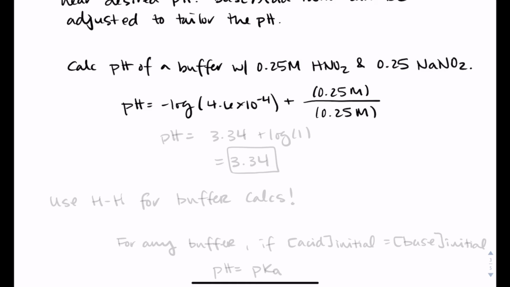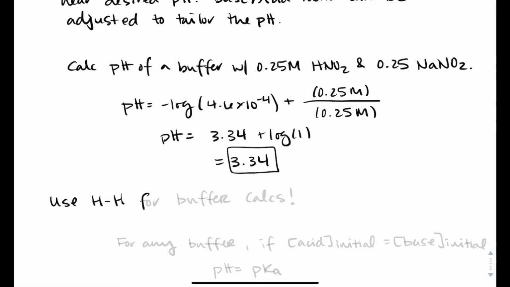All right, so let's use Henderson-Hasselbalch to do this calculation of our nitrous acid nitrite buffer. So calculate the pH of a buffer with 0.25 molar nitrous acid and 0.25 molar sodium nitrite. The pH is the negative log of the Ka. I can just get the Ka. I don't have to determine if it's stronger or not.